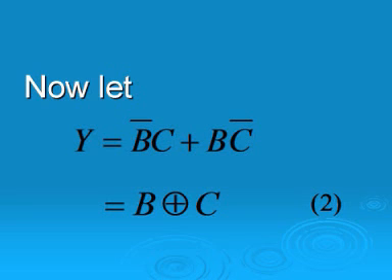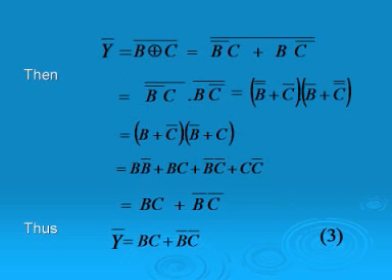Accordingly, Y bar is equal to (B bar C plus B C bar) whole bar, which in turn, using De Morgan's theorem, is equal to (B bar C) whole bar into (B C bar) whole bar.